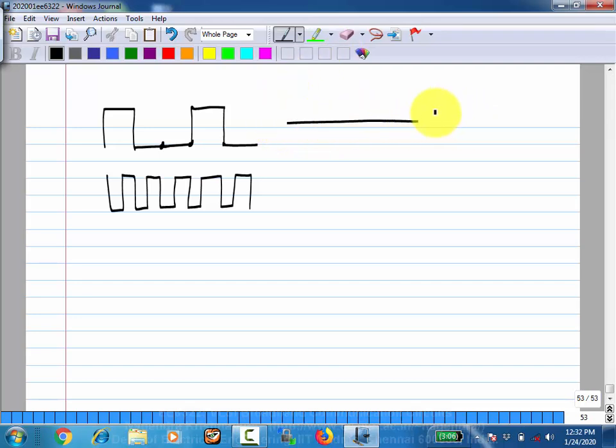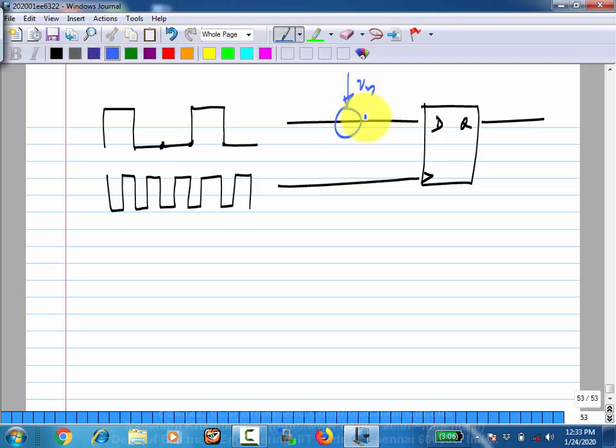You send this to the data input of a flip-flop and you give this to clock, okay? And the reason we get bit errors is somehow some noise gets added to the signal.